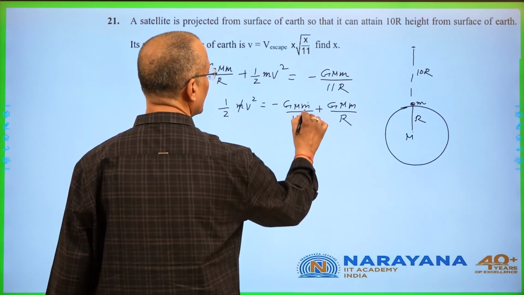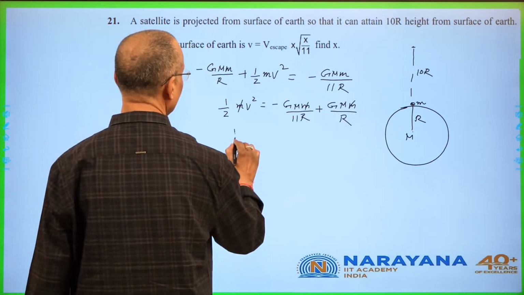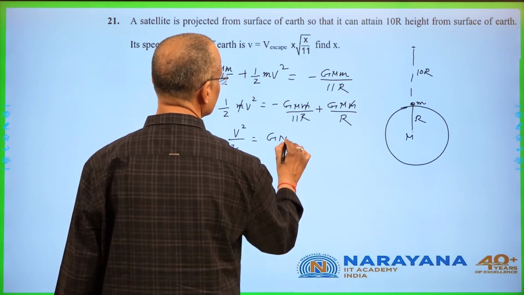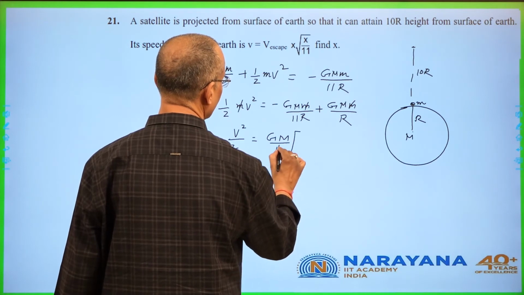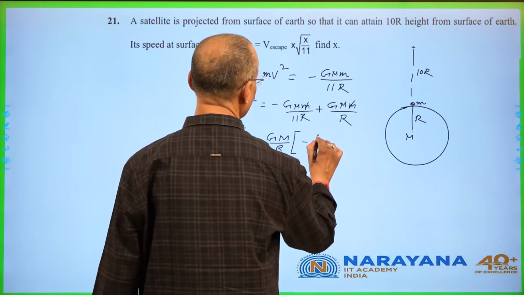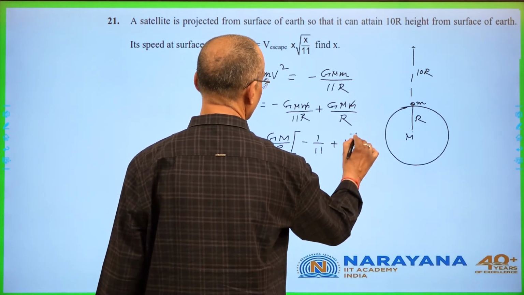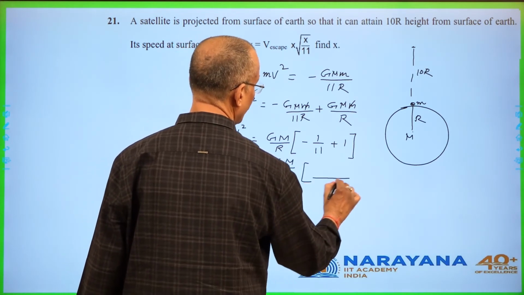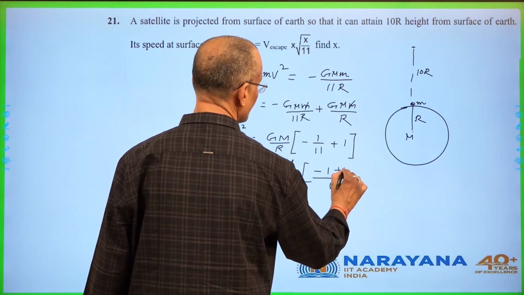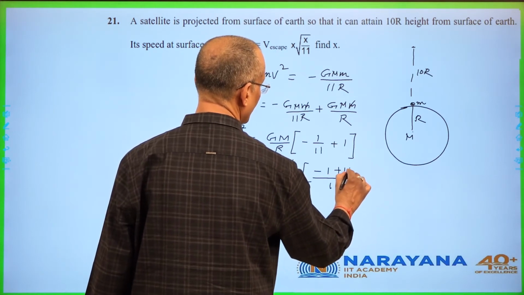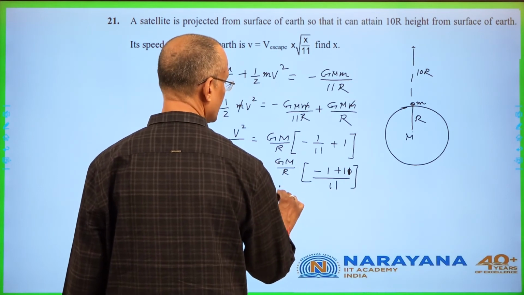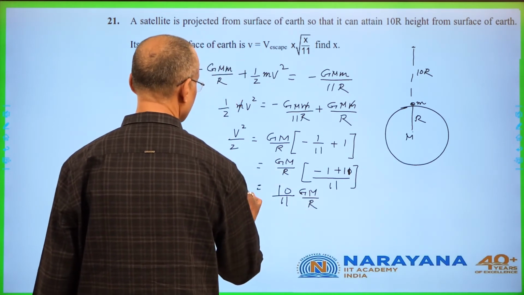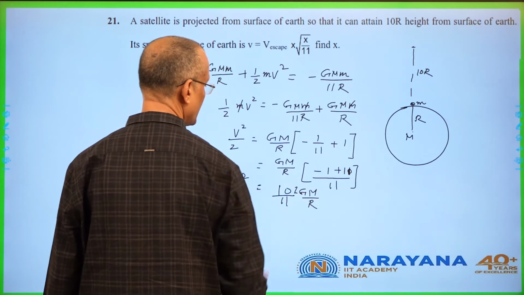So m I remove, v squared by 2, here I have taken out GM by R, so minus 1 by 11 plus 1, it is 11 minus 1 by 11, here you will have 10 by 11 GM by R, this is v squared by 2.